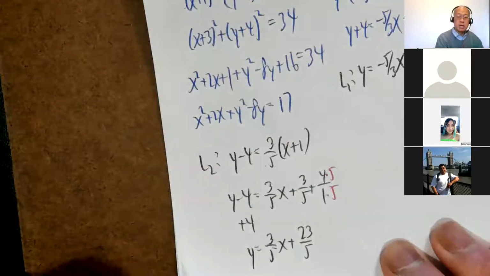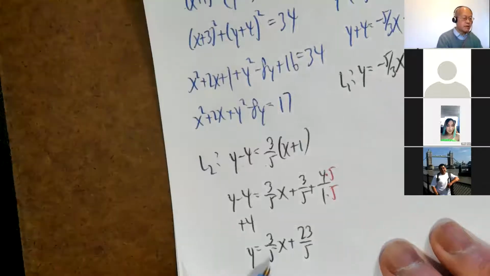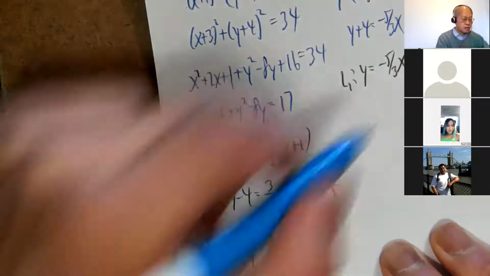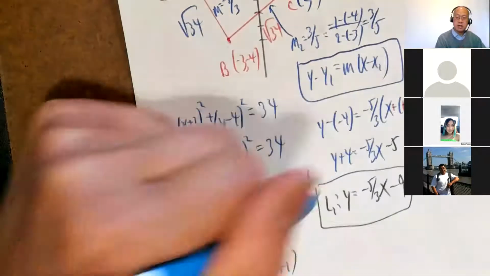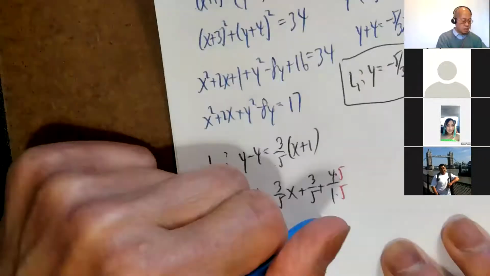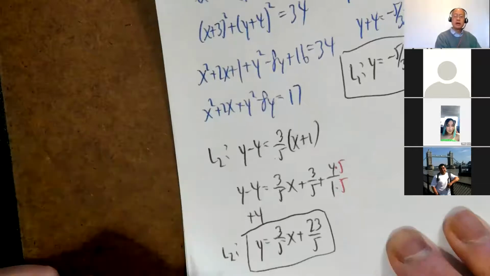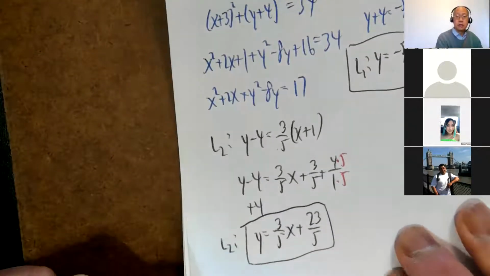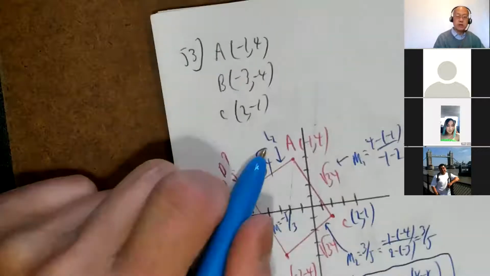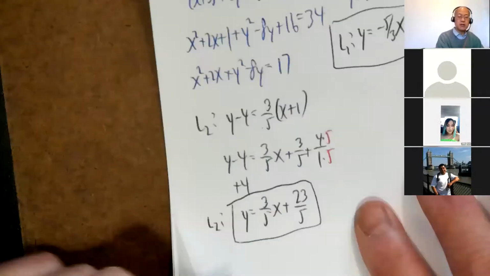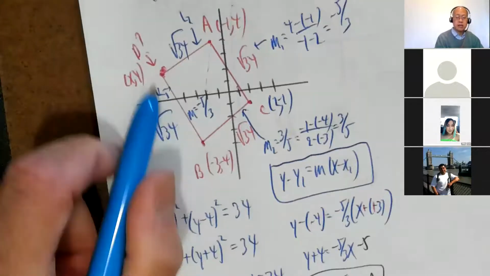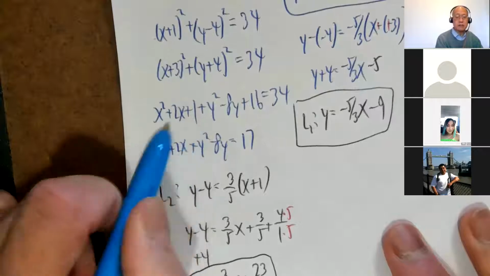It's very messy. Let me see if that actually works. I plug in negative 1, I get 4. Yes, it works. So this is line 1, this is line 2, and now I just have to find out where they touch. That'll do it. Line 2 has this equation, line 1 has this equation, so I find out where they touch. It does look messy, but it seems to be much nicer than trying to go through all this mess.